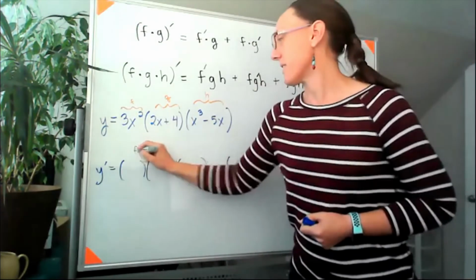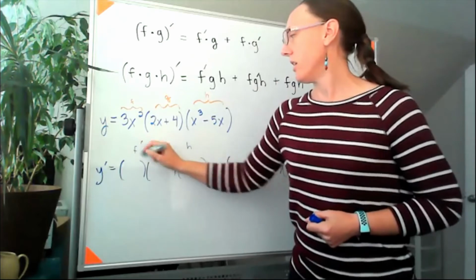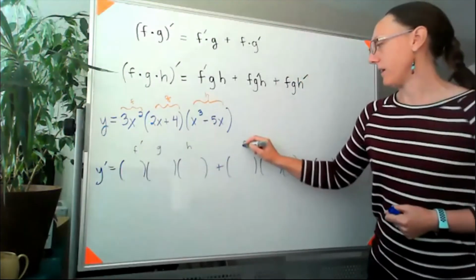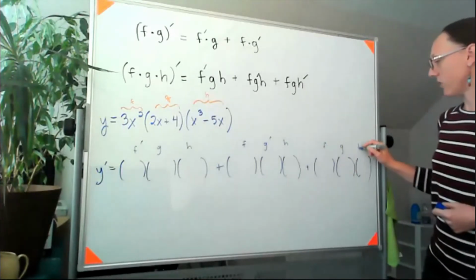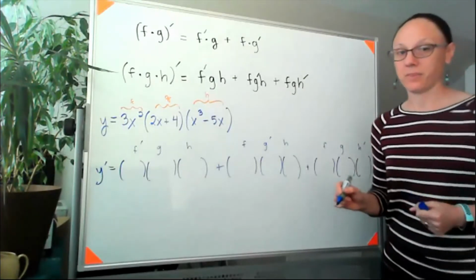And if this is F, G, H, the first one gets the prime. And if this is F, G, H, the second one gets the prime. And if this is F, G, H, the last one gets the prime.